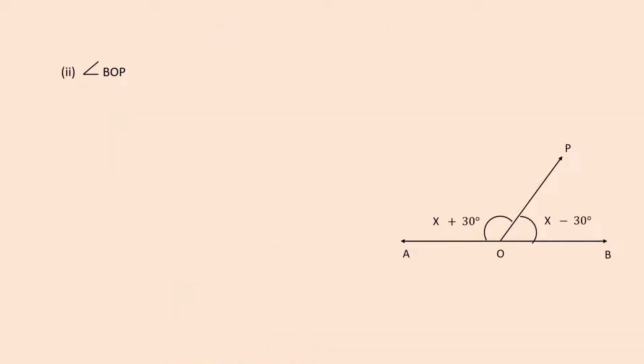Second part, we have to find angle BOP. Okay. And it's given in the question that BOP is equal to x minus 30 degrees. So let's do that properly. BOP equals, substitute x for the value that we found just now. We found out that x is equal to 90 degrees.